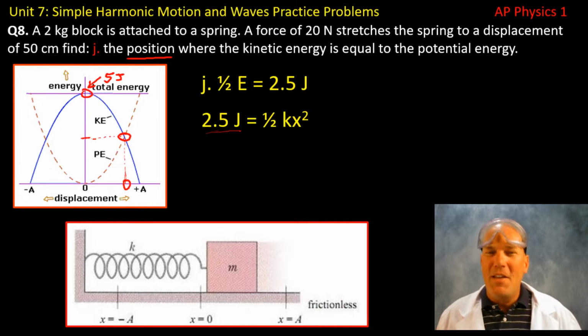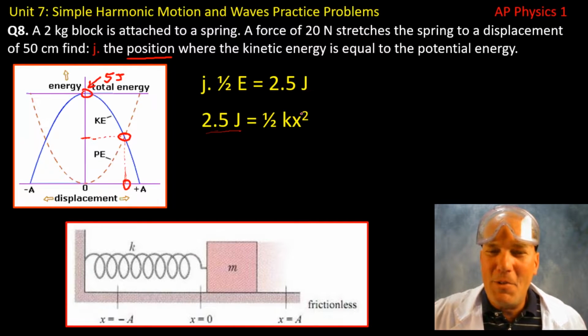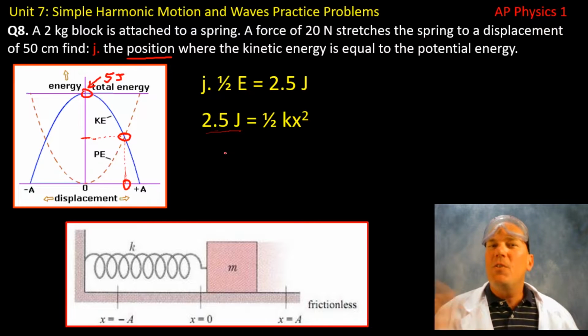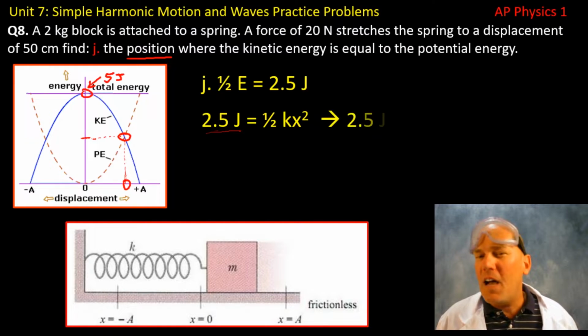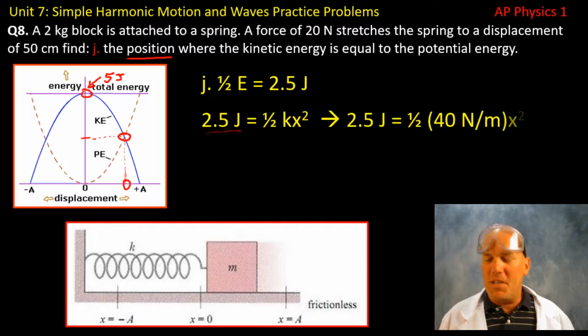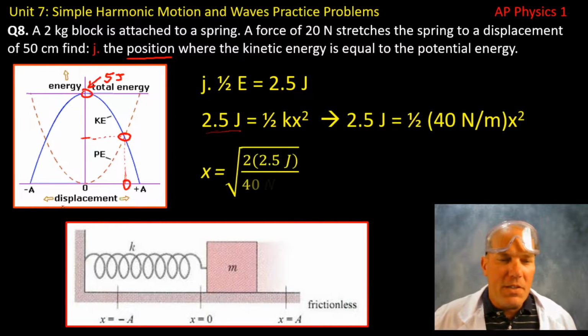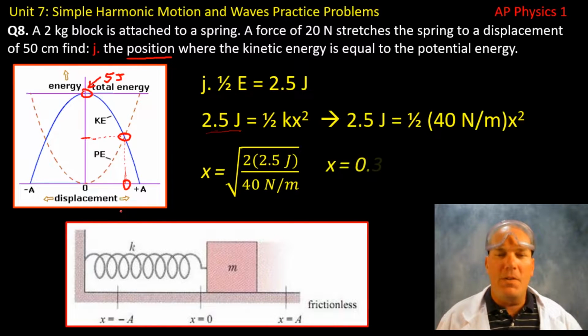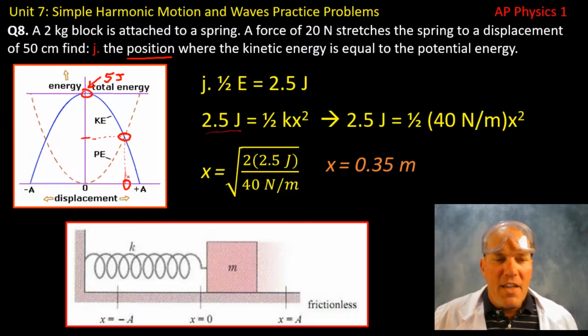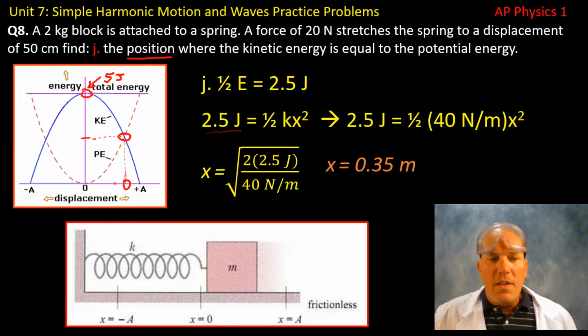This position is squared, and we're trying to compare it to the amount of energy. Solving this for position, we're going to find that the position is not 0.25, but rather 0.35. It's further over this way.